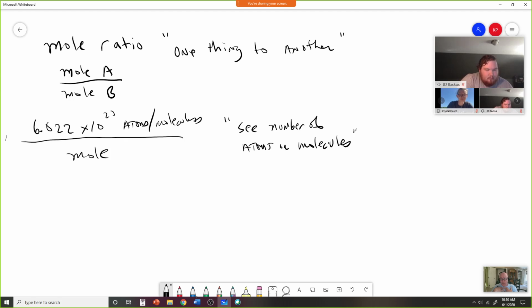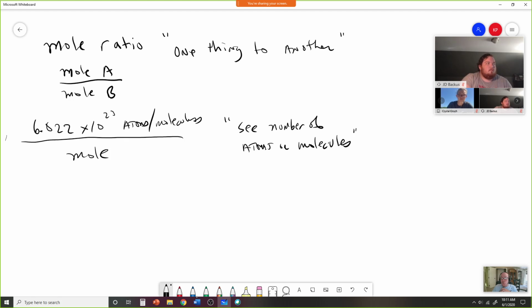One way of doing chemistry word problems is you ask yourself a series of questions, and these questions provide what you need to solve the problem. So we have two questions so far. Do I see number of molecules or atoms anywhere in the problem? And do I see myself going from one thing to another thing?